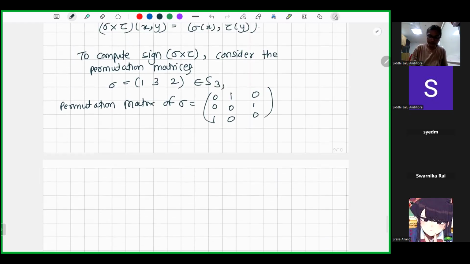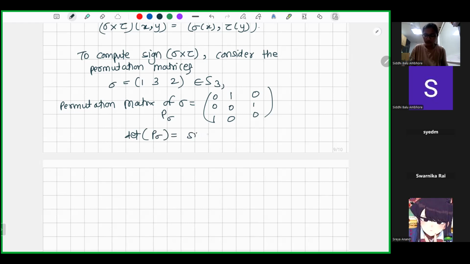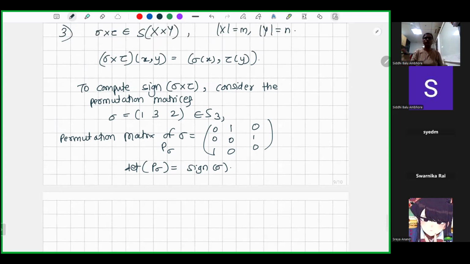The determinant of this permutation matrix, if we denote it as P sigma, is actually the signature of this sigma. Okay, this is what is known. So we will use that. We will use this permutation matrix to find the signature of this permutation here.